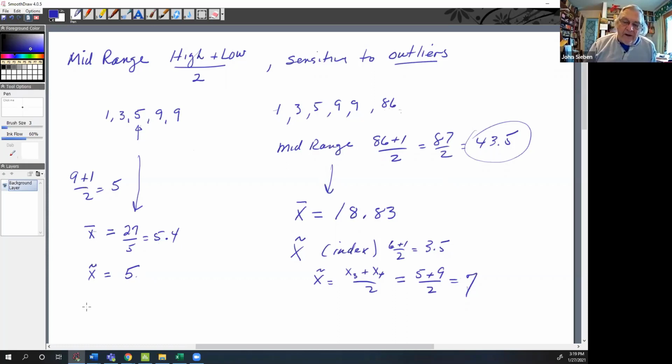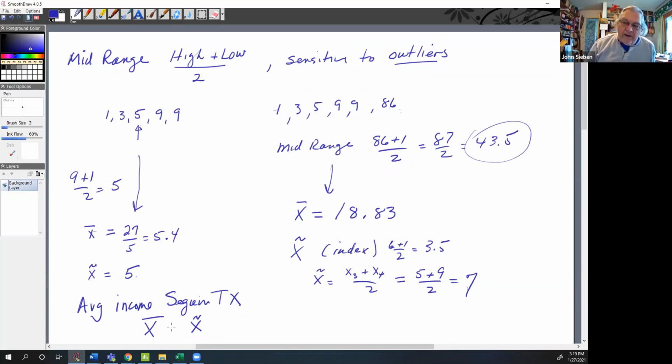And so if we're asking about the average, say, income in Seguin, Texas, do you think you want to know about X bar or X tilde? I'm going to leave the mid-range and the mode out of it.